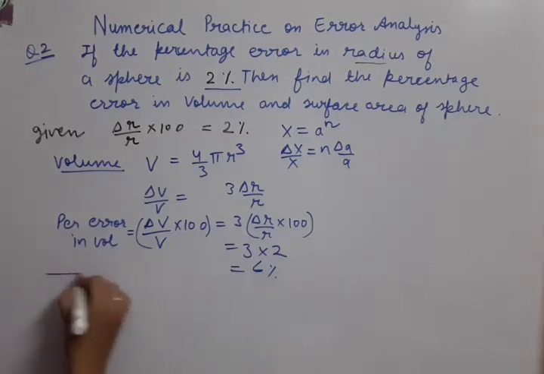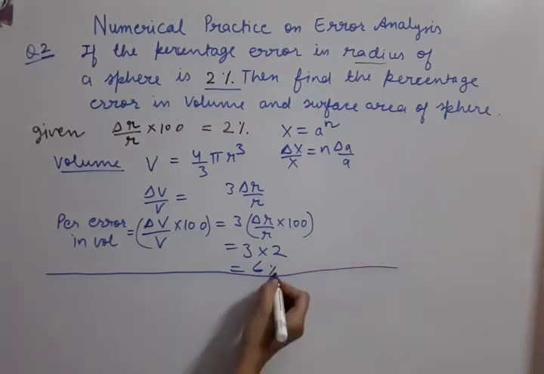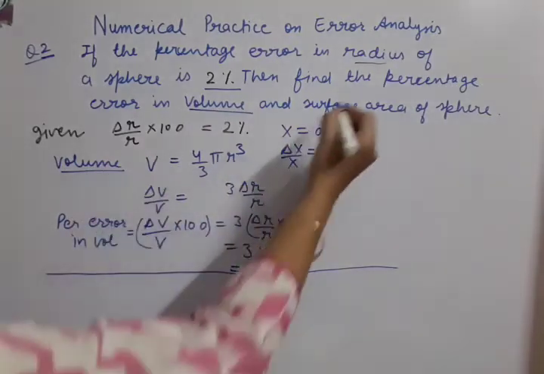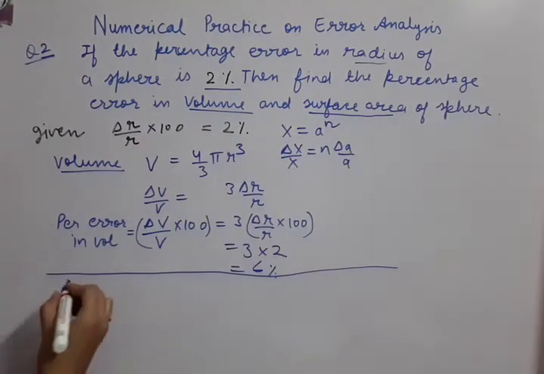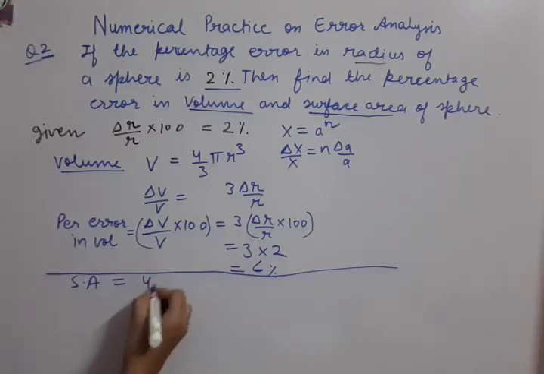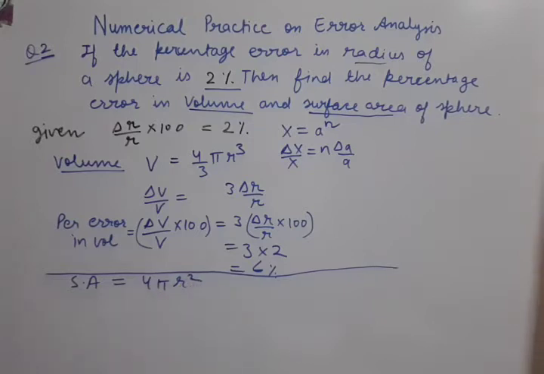So this way the first part of the question is done. Now the second part of the question is surface area. We have done volume. Now we are doing the surface area of the sphere. Now the surface area of the sphere formula is 4 pi r square. Okay, 4 pi r square is the surface area.